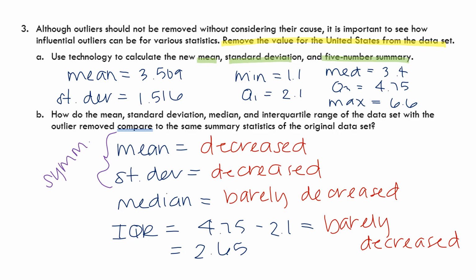And that's why you would use the median and the IQR for skewed data, because those are not affected as much by your outliers. You're definitely going to want to continue to embody that: mean and standard deviation for symmetric data, and median and IQR for skewed data.